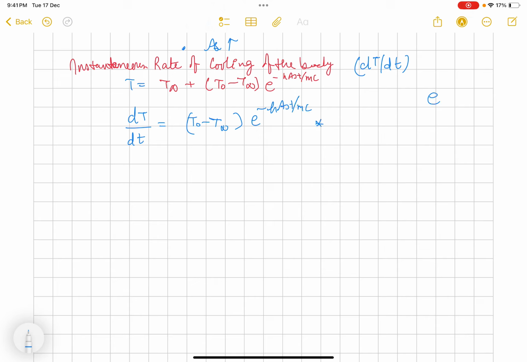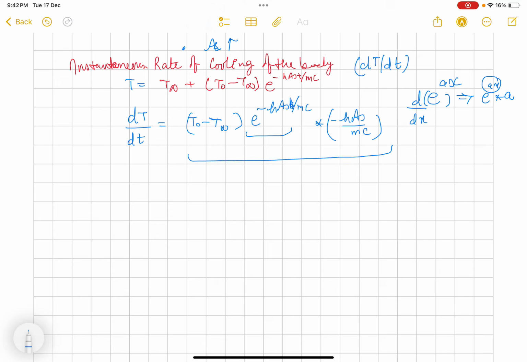And for e power ax, we know from school level mathematics that its derivative is e power ax times the derivative of ax, which is nothing but a. So we will have e power ax times, since we are differentiating with respect to t, hAs divided by mc. Alright, so this is the instantaneous rate of cooling.